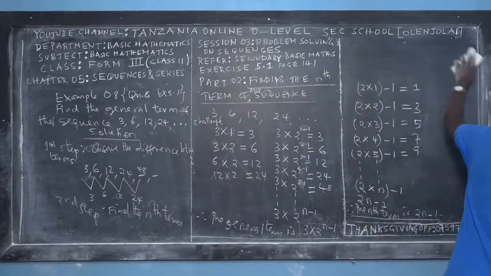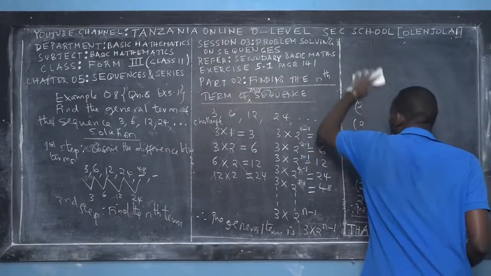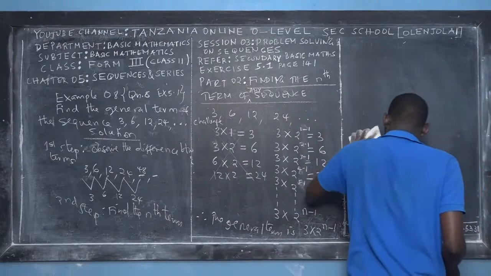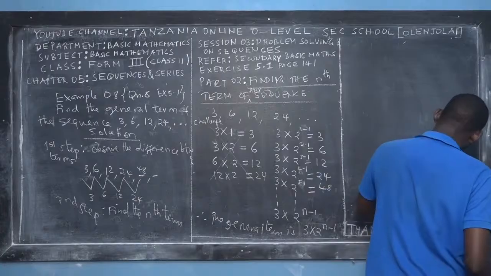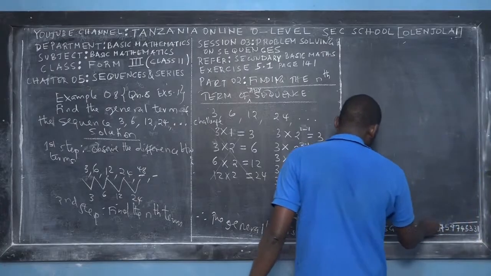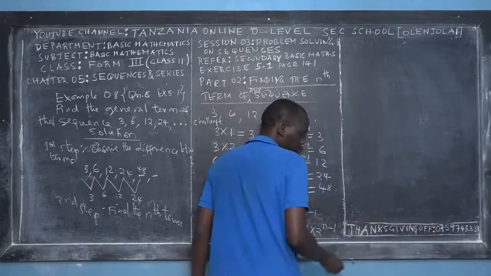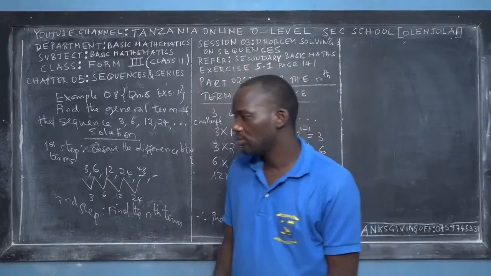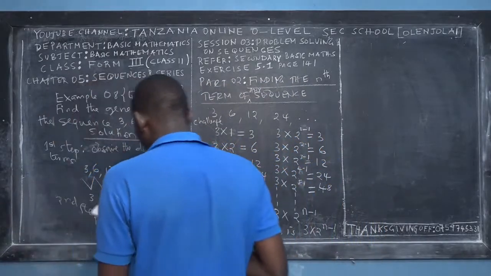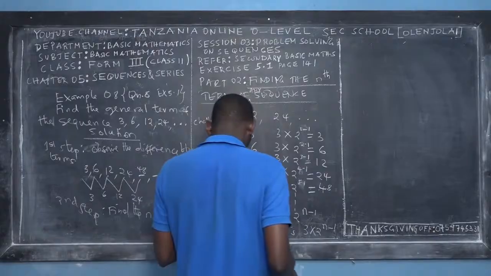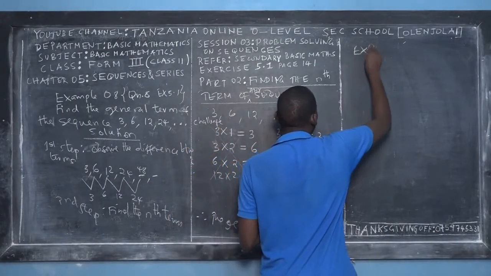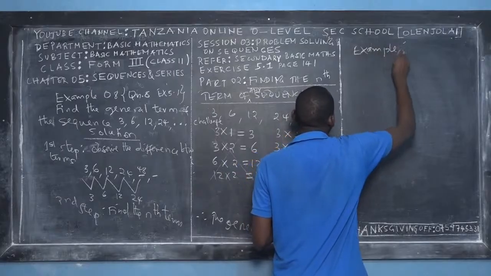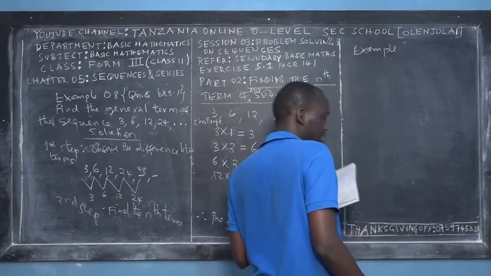So after solving 2 examples in this part 2, now I want to test whether you have understood what I've been teaching you. I have 2 questions for homework. Are you ready for that? Will you do it? This will be example 9.